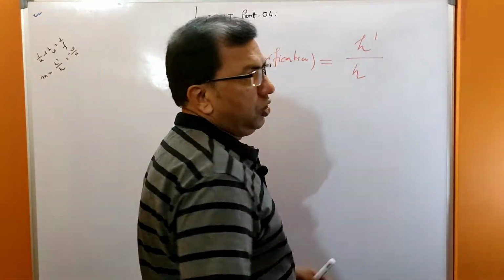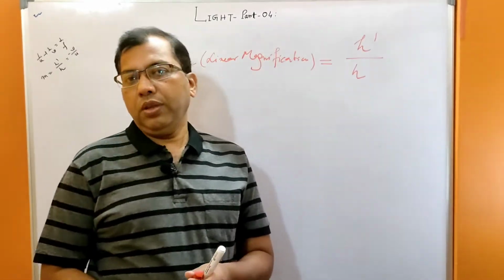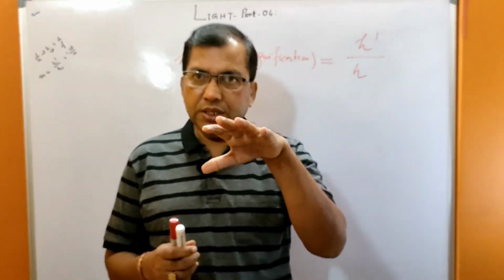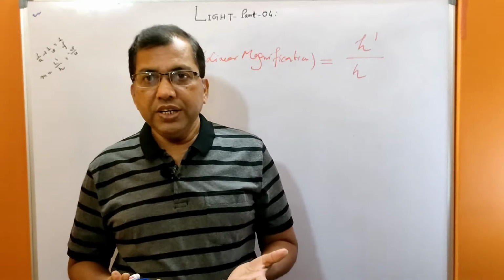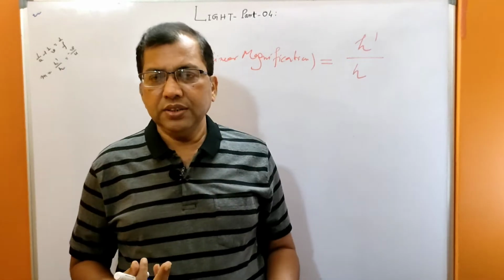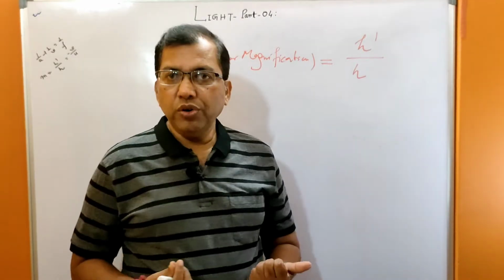In a spherical mirror, the linear magnification may be positive or negative. When will positive magnification occur?